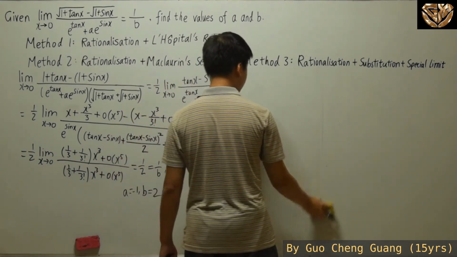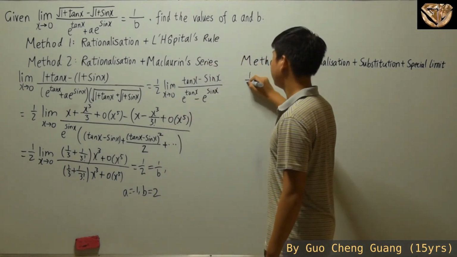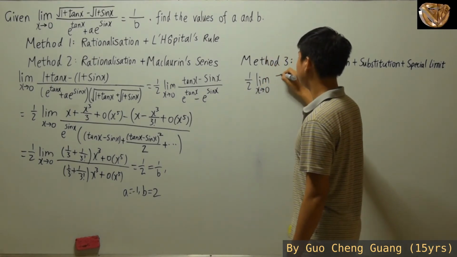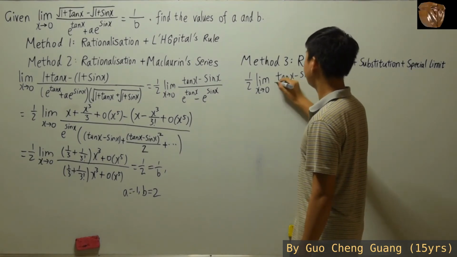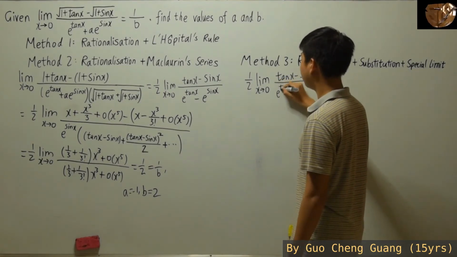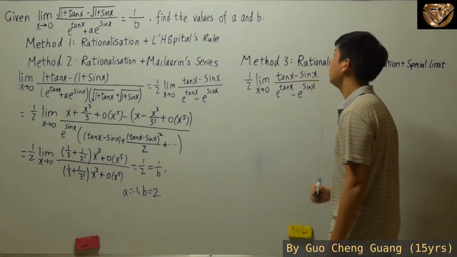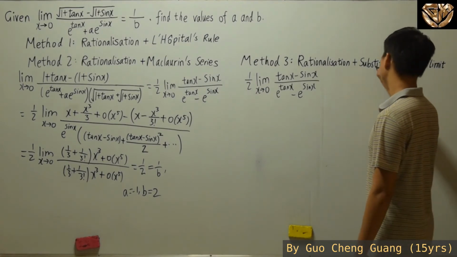So once again, rationalization, we can just take what we actually get from here, where you're going to see half, limit x approaches 0, tangent x minus sine x divided by e to the power of tangent x minus e to the power of sine x. Right, so now how is this substitution part going to work?